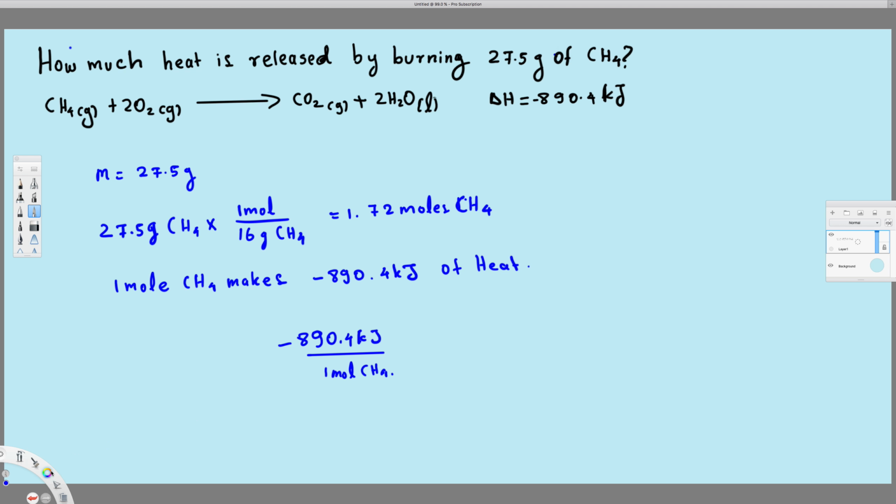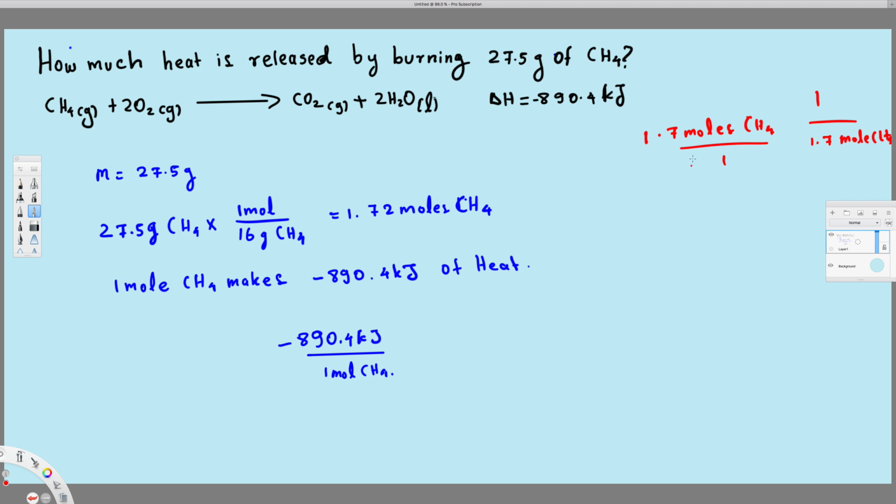There is a conversion factor we can use. We know that two kinds of conversion factors are there: you can put 1.72 moles of CH4 over 1, or 1 over 1.72 moles of CH4. Here we want the moles to cancel, right?